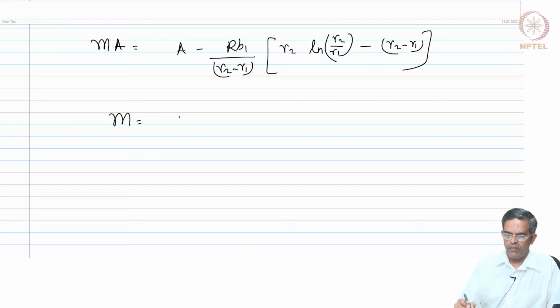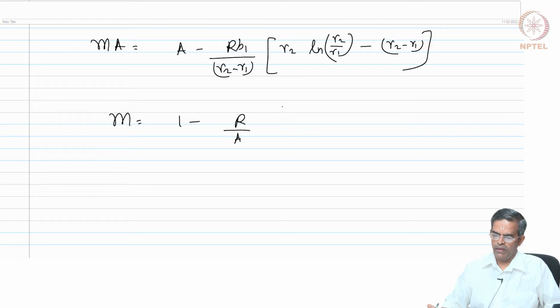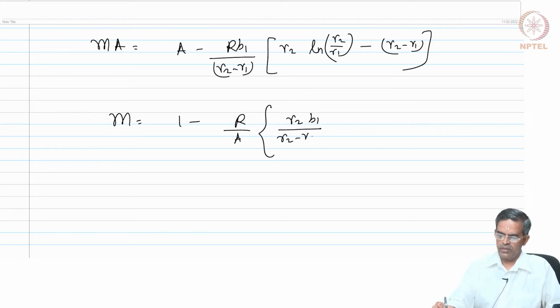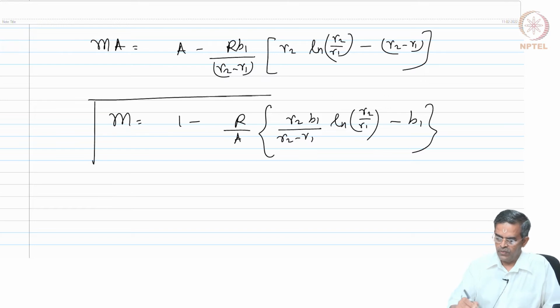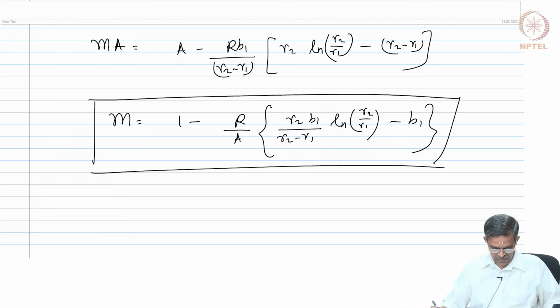So, M will become 1 minus R by A of R2 B1 by R2 minus R1 ln R2 by R1 minus B1. So, that is my M value for the triangular section.